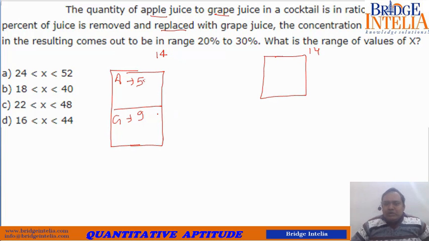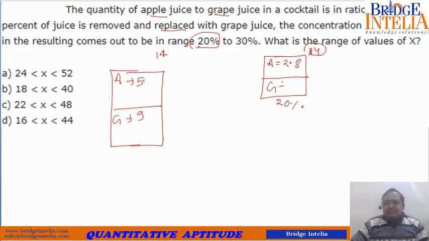So you have two options. Either you look at the two extreme cases. If you want the concentration of apple juice to be 20%, the volume will still be 14. So apple will be 20% of 14, that means 2.8.